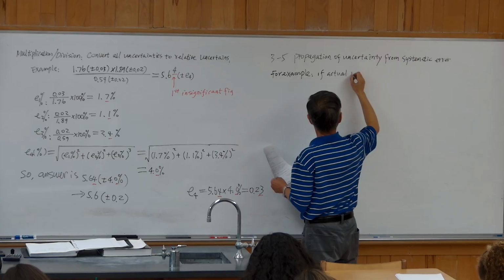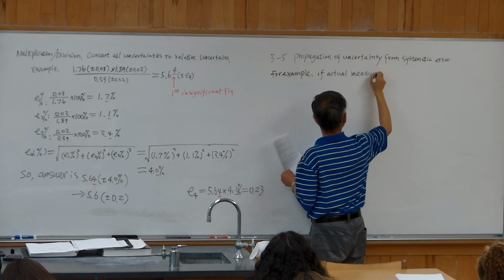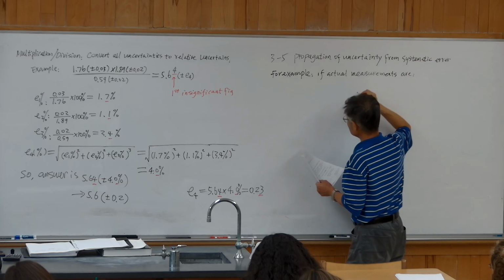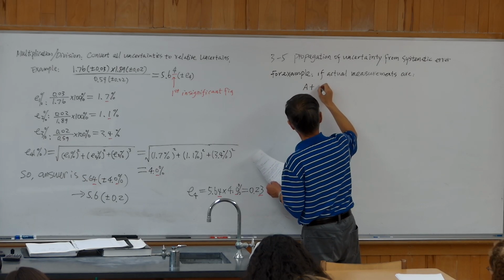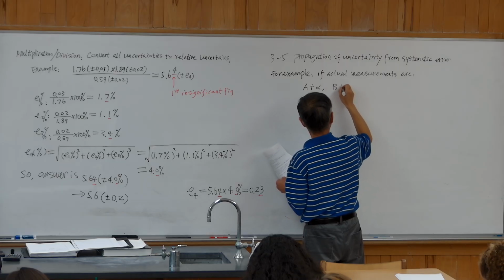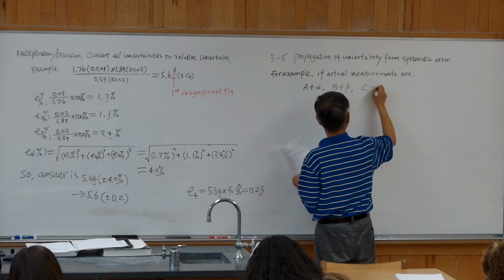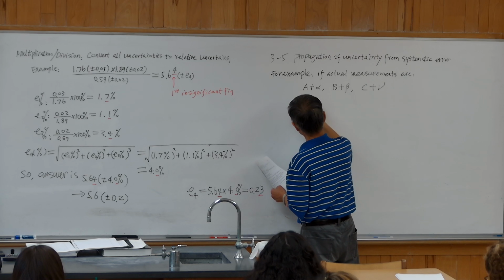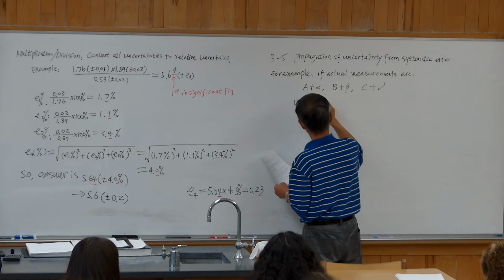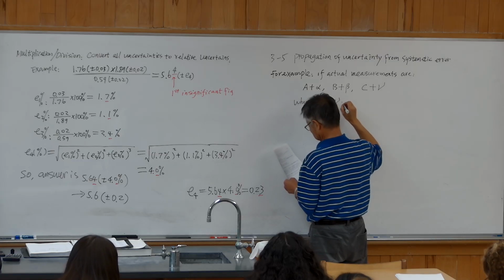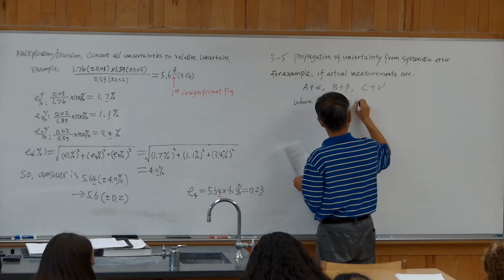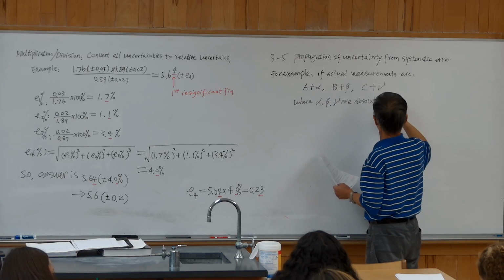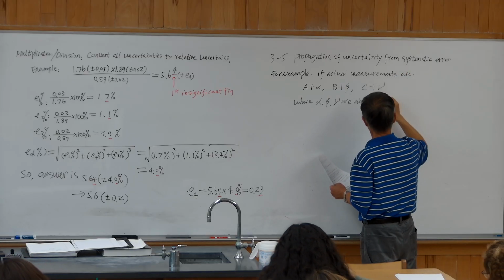If the actual measurement looks like this, A plus alpha, B plus beta, C plus gamma, so alpha, beta, gamma are the errors. Absolute error. Here it's a systematic error, right?